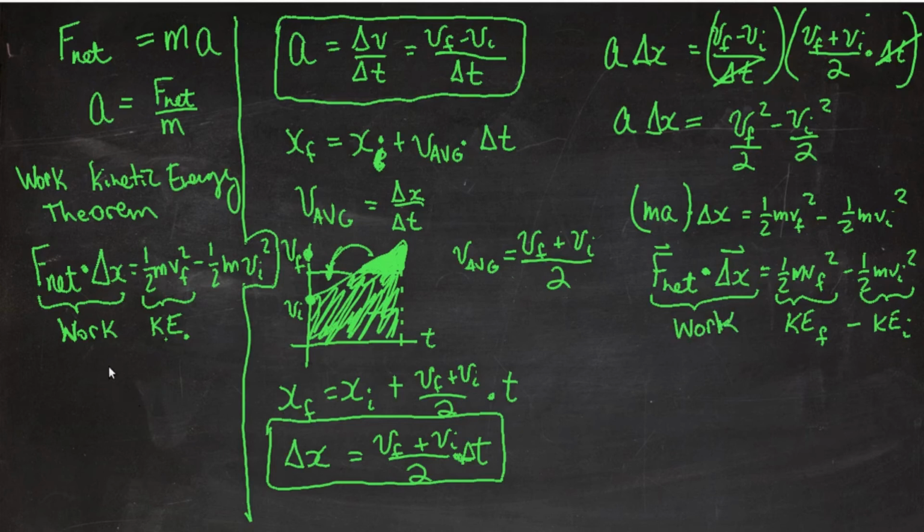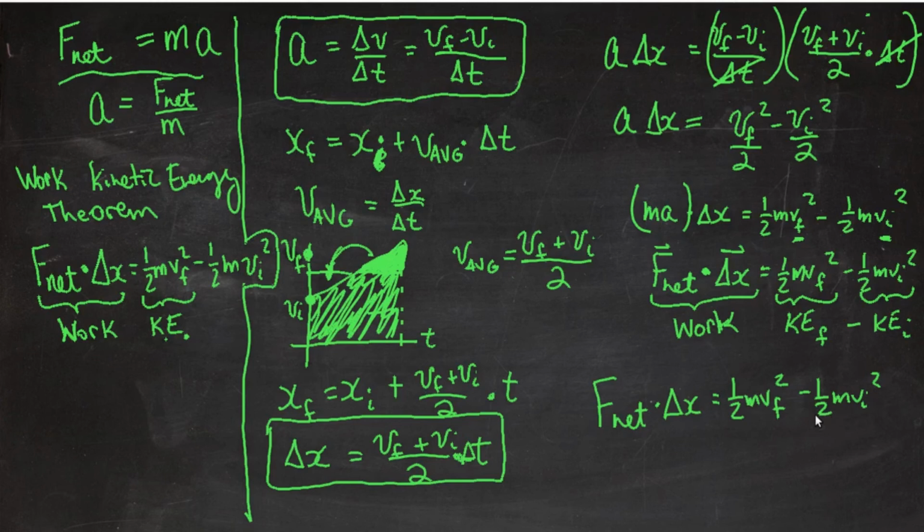So notice, if you're asked for A, you probably want to use Newton's second law. If you're asked for the final speed, these are final and initial speed squareds, you probably want to use the work-kinetic energy theorem, which is this: F net times the displacement is equal to the change in kinetic energy, or 1/2 mv final squared minus 1/2 mv initial squared.